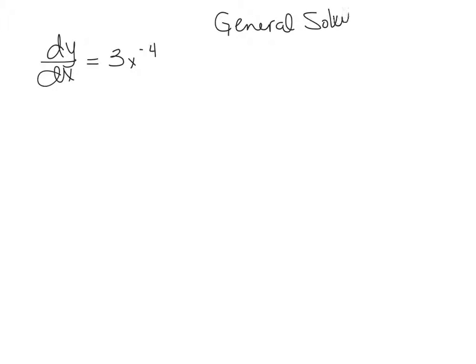So we're going to start with dy dx equals 3x to the -4, and we want to find a general solution. What they're asking for is for us to take the integral.